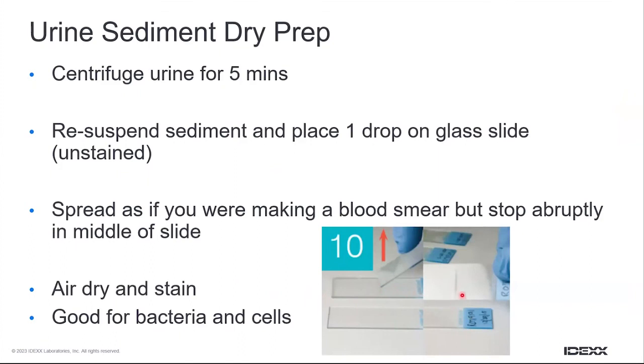We're then going to air dry that and stain it, and it's very good at concentrating all the cells in that region and allowing you to look for both bacteria and cells. It's not any use for crystals or casts. You have to do your wet prep for that. But if you're worried about the presence of bacteria and you're not too sure, this can be a nice way of producing a high quality slide that you can stain and be more sure of your diagnosis.